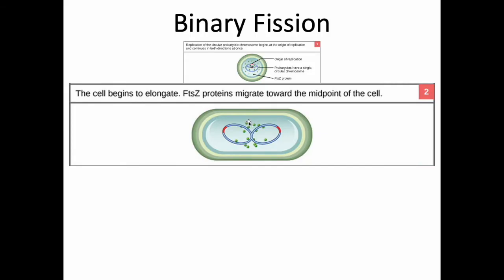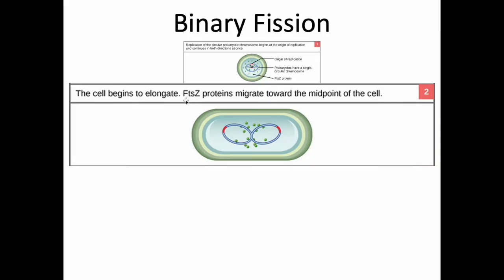Now, there are a lot of proteins involved in making all of binary fission happen. So I'm calling out, and the figure is calling out, one of these proteins in specific, but I just want you to understand this is not the only protein doing a job here. It's just one of the most important ones. So these green dots are meant to represent something called FtsZ, a funky way of capitalizing it.